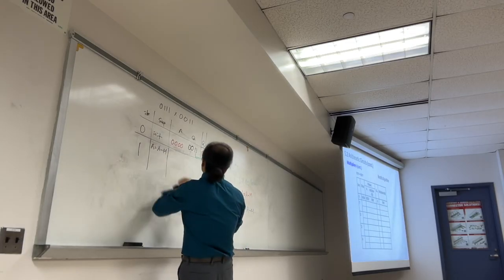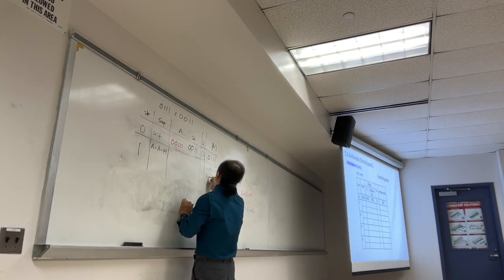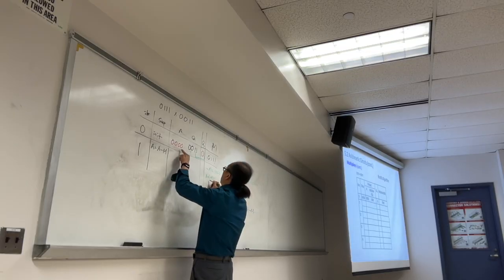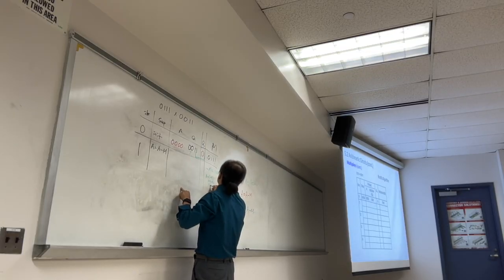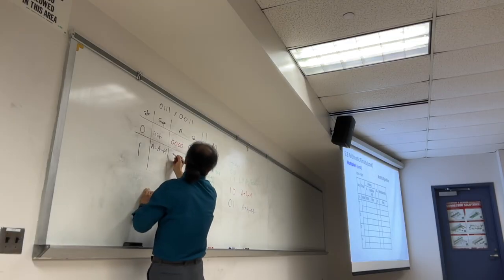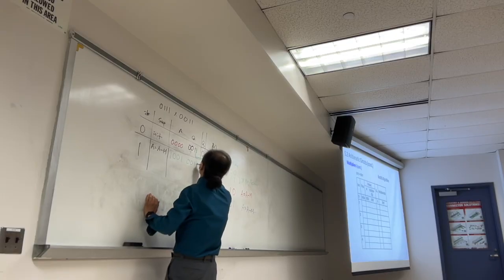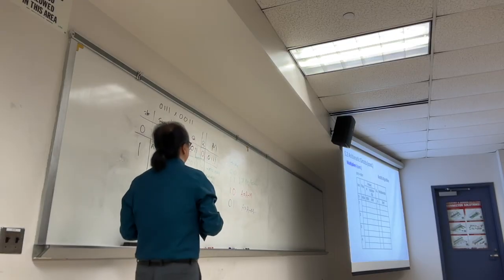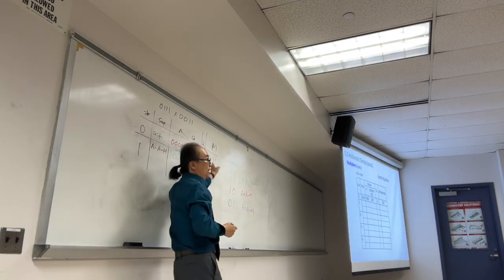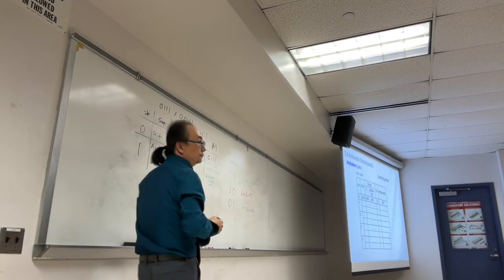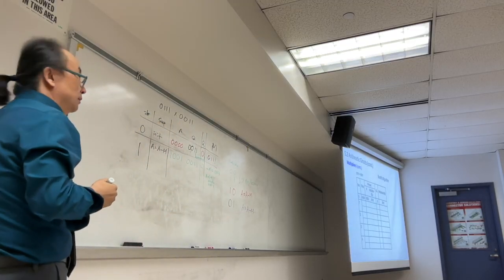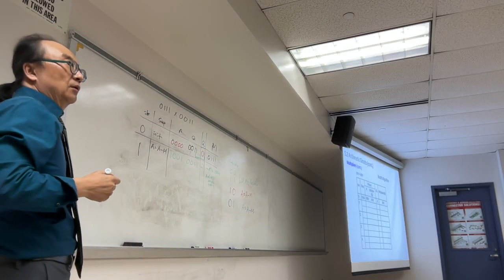So A minus M is A plus minus M, which is A is 0, 0, 0, 0, plus minus M, 1, 0, 0, 1. New number is going to be 1, 0, 0, 1, 0, 0, 1, 1, 0. And for the M side, we don't change. M is there, so you don't have to copy it down over and over again.